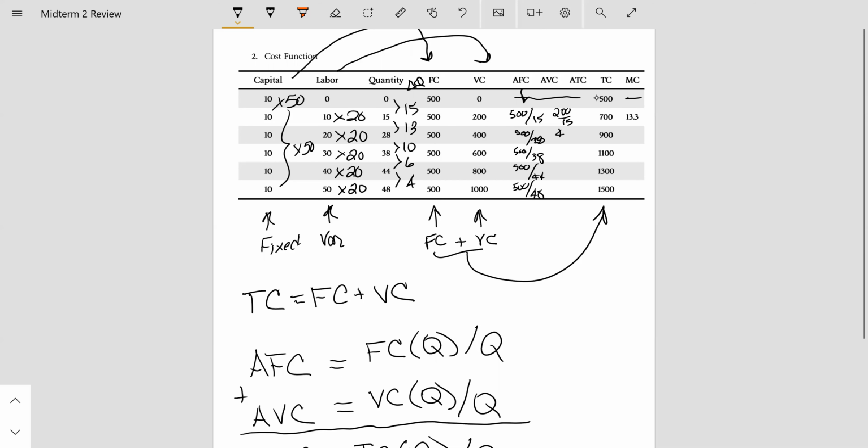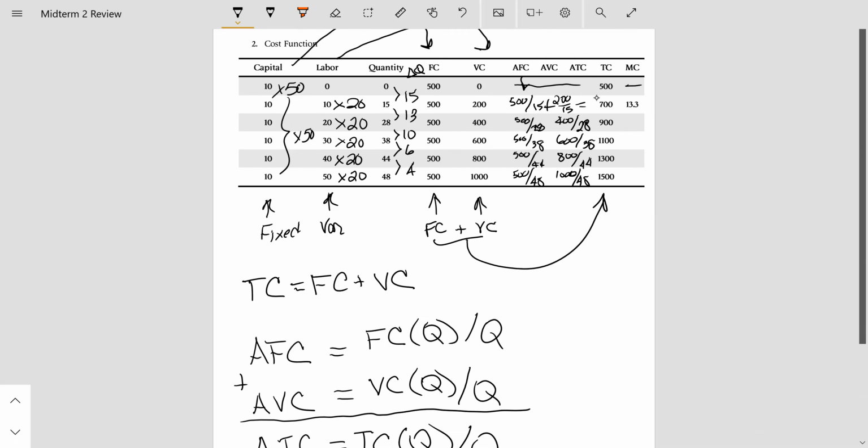This is 400 divided by 28. 600 divided by 38. 800 divided by 44. And 1,000 divided by 48. Okay? And then add these two together and you get your average total cost, as I showed from down here.